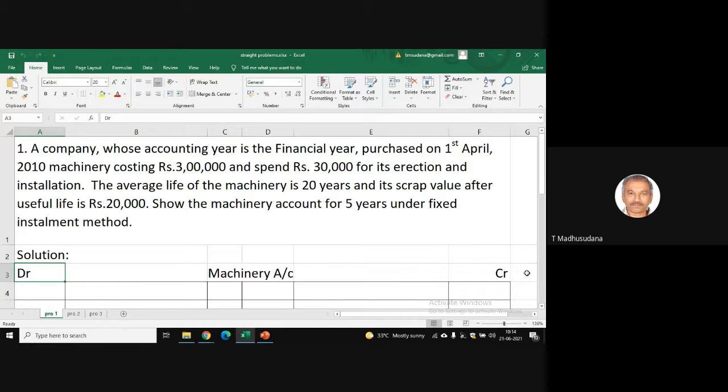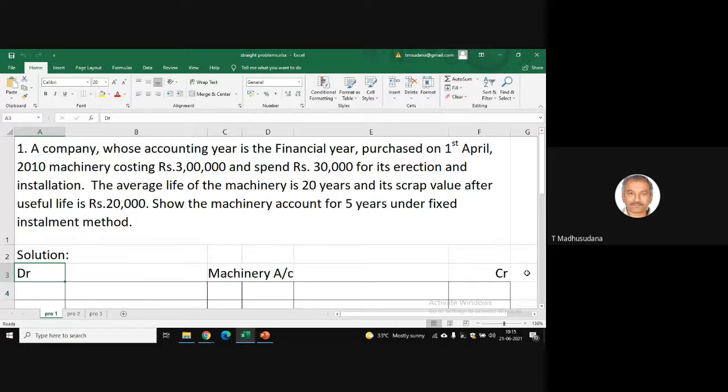Name of the asset is machinery. For 3 lakhs rupees, it has purchased machinery and spent 30,000 for its erection and installation. That means to erect the machinery and install the machinery, they have spent 30,000.